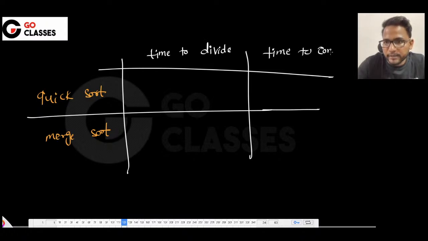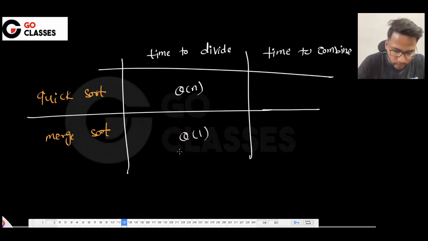Quick sort says that if you want to divide, it will take theta of n. Merge sort says that dividing will just take constant time. If you want to combine, quick sort says you do not incur any cost, but merge sort says that in combine you incur theta of n. So these are the different times to divide and combine in quick sort and merge sort.